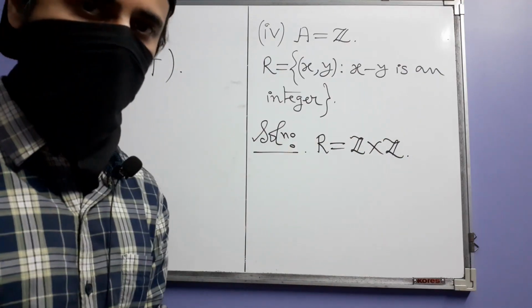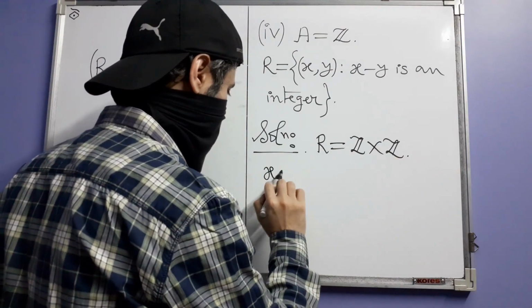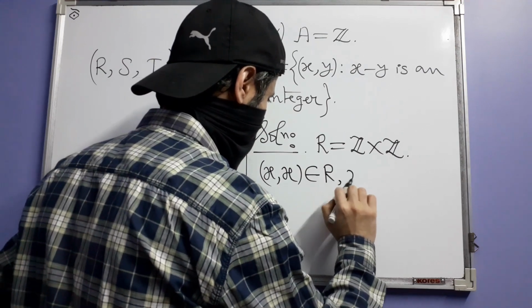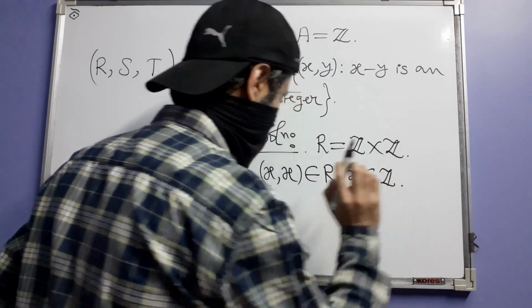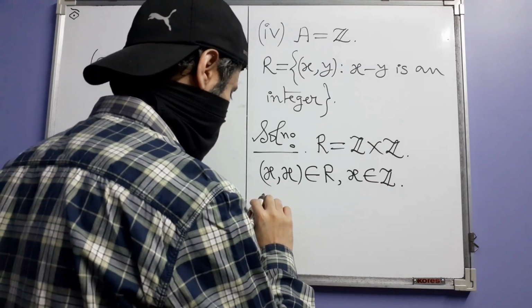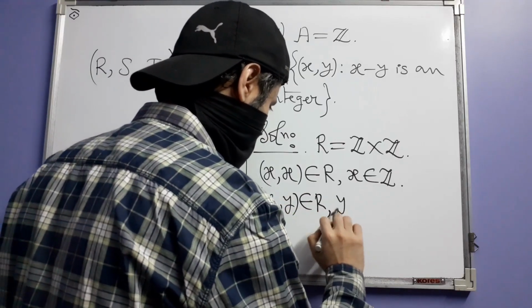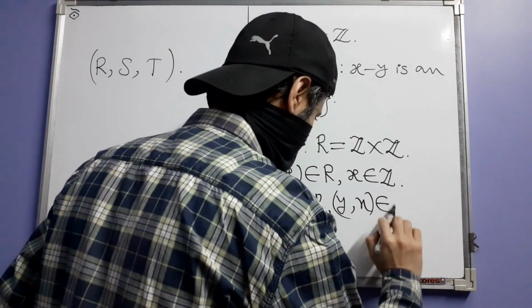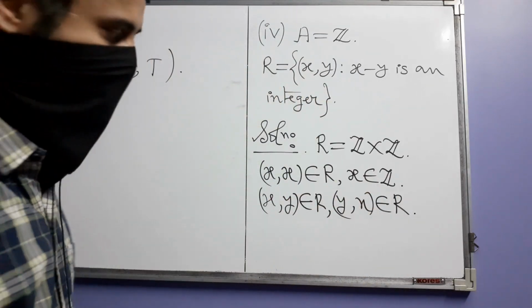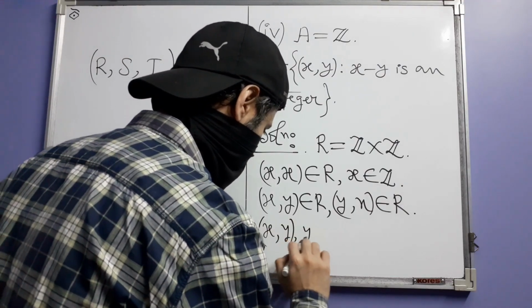Will it be reflexive? Yes, of course, because everything is present here. In particular, this is present for all x belonging to Z. So, reflexive. Is it going to be symmetric? Yes. If you consider x comma y in R, then y comma x is also in R, because everything is in R, and that is why it is transitive also.